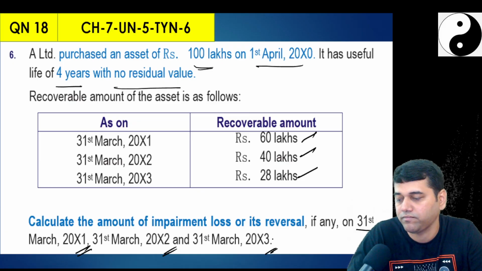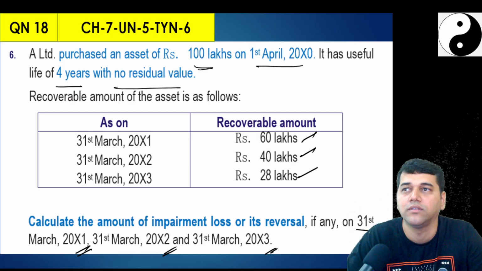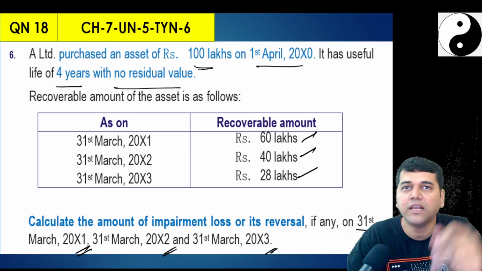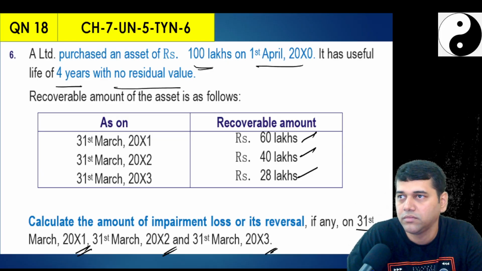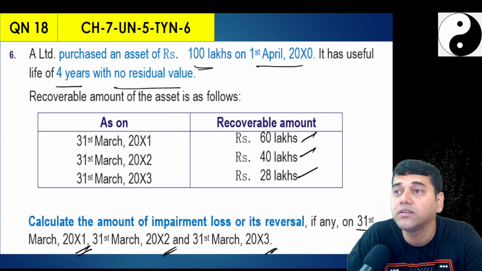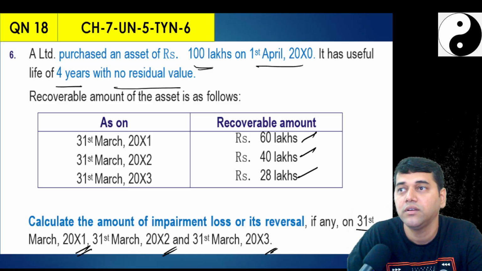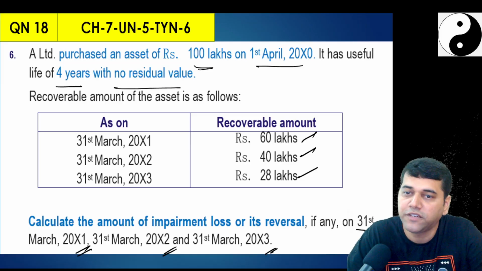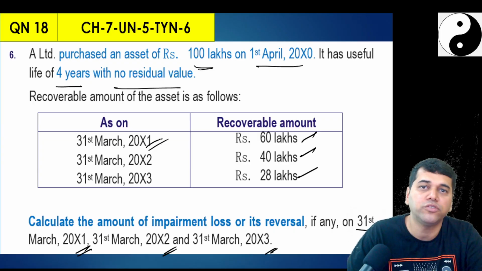How should I do it? Every year I should do an impairment test. At that time only I'll come to know, no. Without that, how do I know whether I should reverse or not? So first thing I start with what? Calculation of impairment for 31st March 2011. Do I need to do any prior working notes?